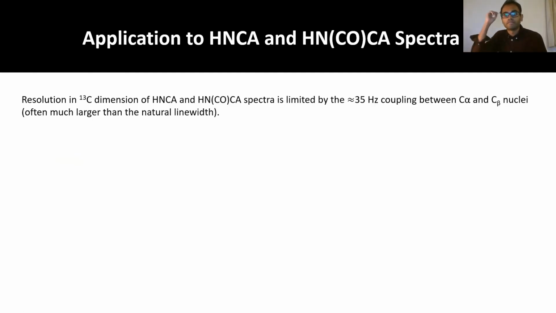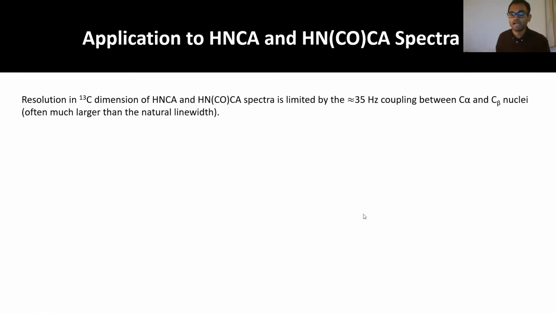The last thing I want to show is how you can use this in HNCA and HNCOCA spectra. So here you get a coupling in the carbon dimension because of the C alpha, C beta coupling. That kind of limits your resolution.